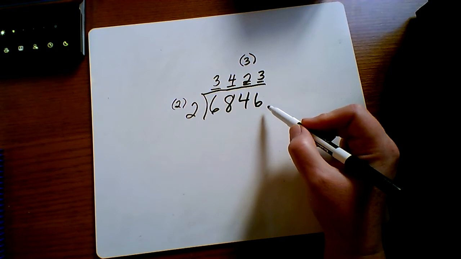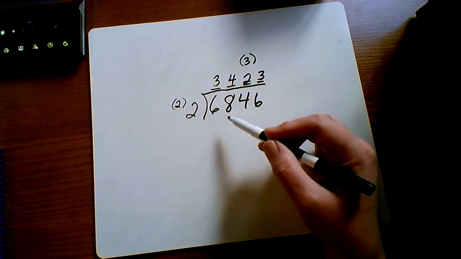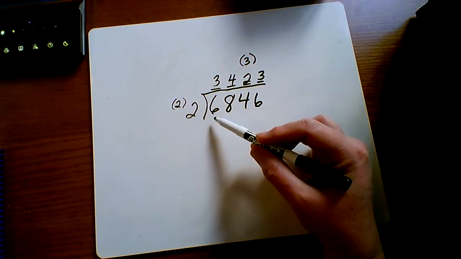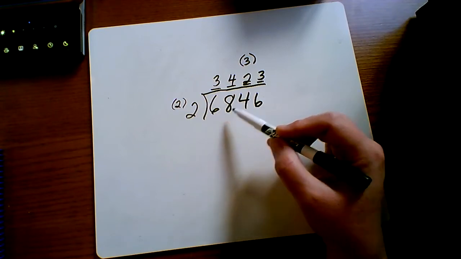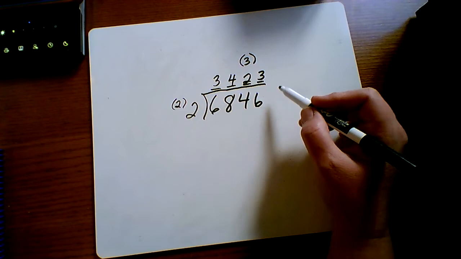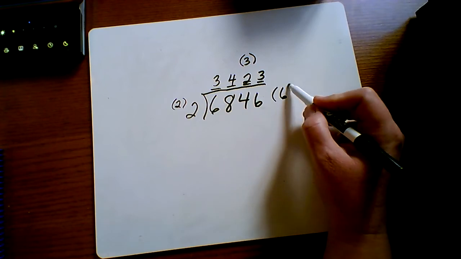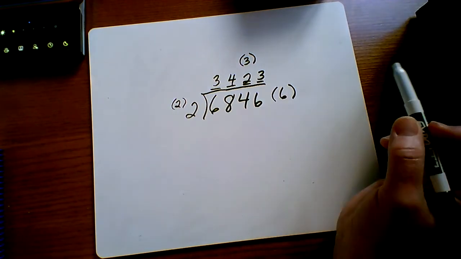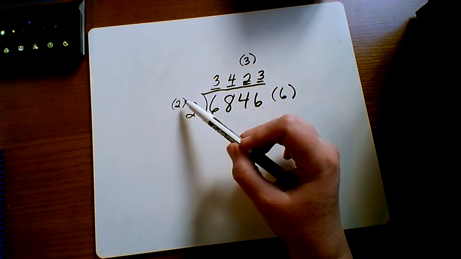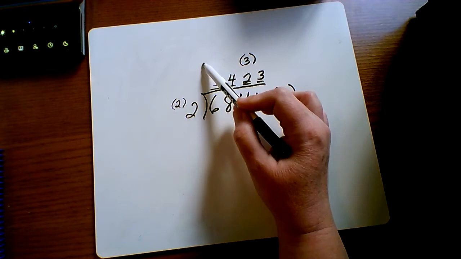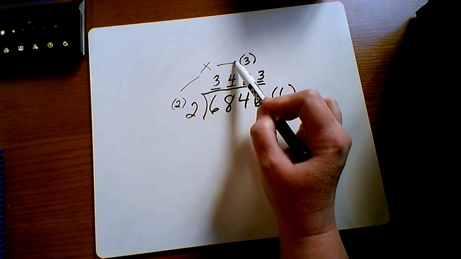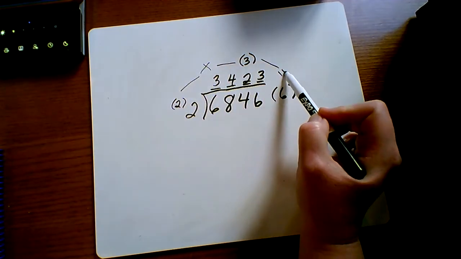And the check number for our dividend would be 6 plus 4 is 10, so that check number is 1. 1 and 8 is 9, so the check number for this is 6. And let's see if we did it right. 2 times 3 is 6. So 2 times 3 equals 6.